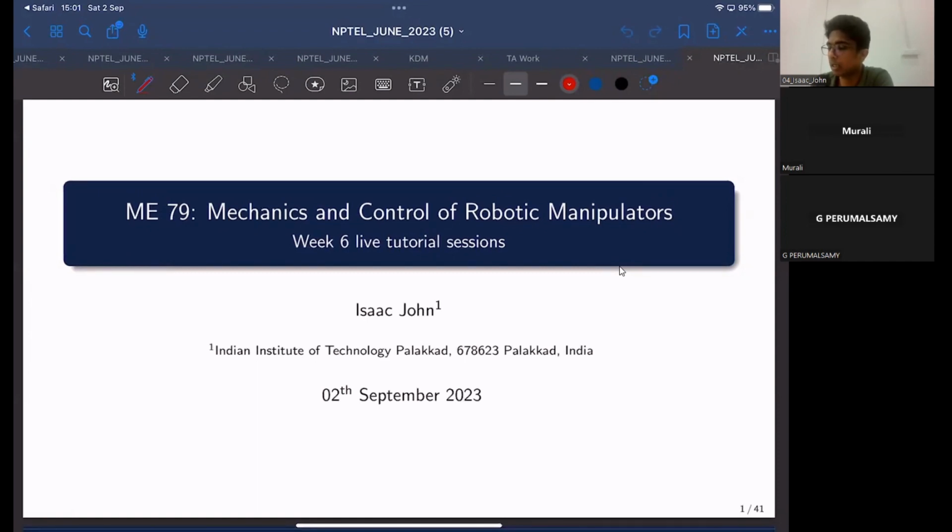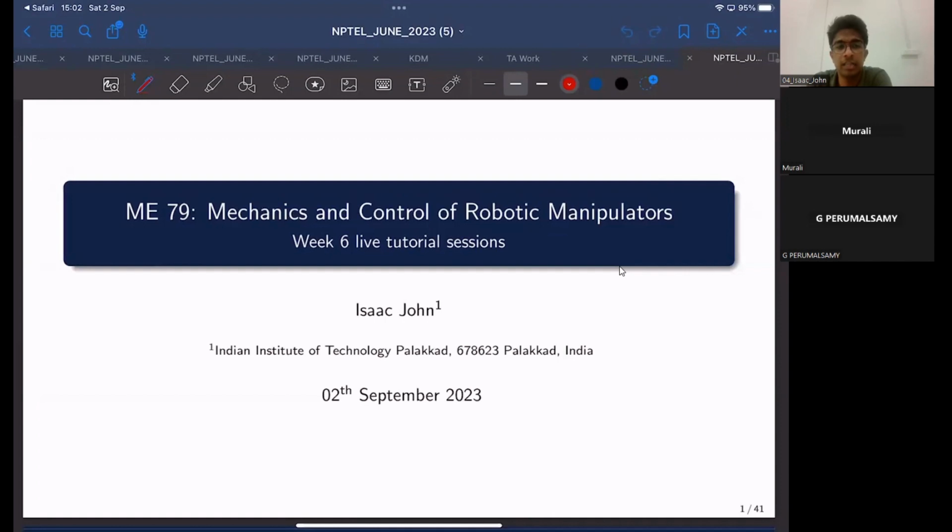Unlike the previous weeks, in order for you to get a real feel of what is going on in trajectory planning, I would highly recommend you go through the MATLAB codes that are shared during his lectures, because the theoretical knowledge can only take you so far, and with whatever he is discussing through the MATLAB codes, you will also get a real feel of how to plan trajectories for an entire manipulator.